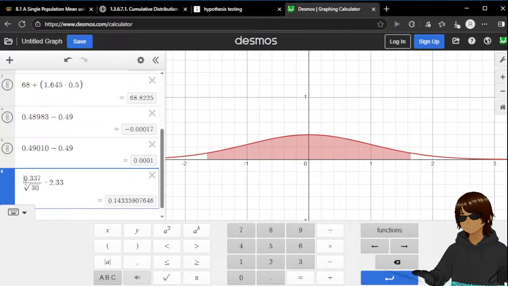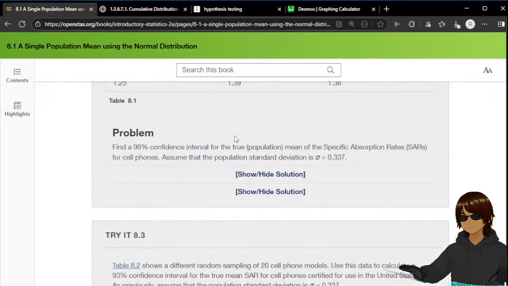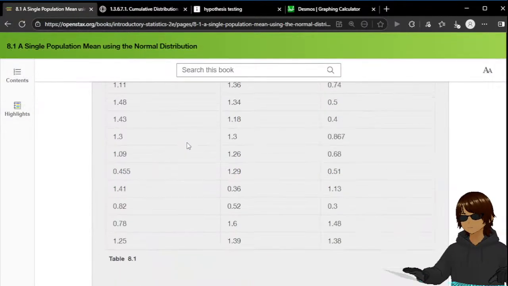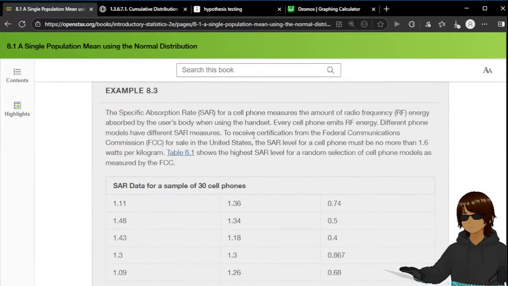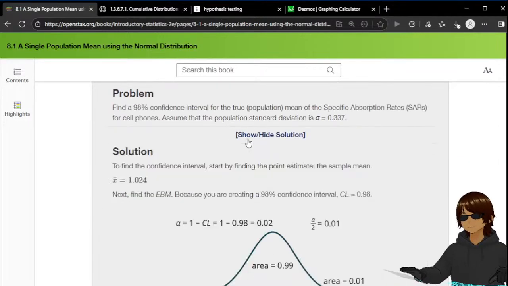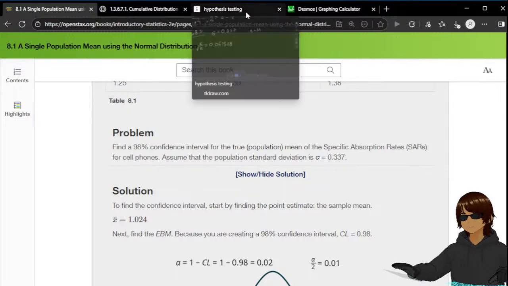Okay. And then the true population mean. They have to find the mean manually, like by adding them. 1.04 to 1.024.